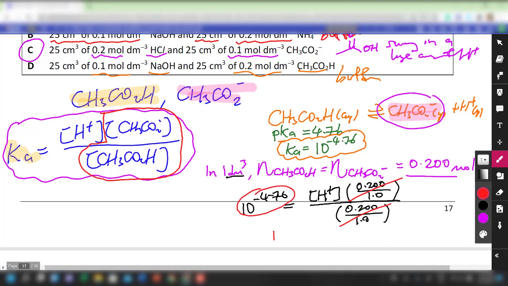Then I can easily determine the pH. I just punch my calculator and I should get 4.76. So you notice that when the amounts of the weak acid and the salt are the same, the pH equals the pKa. That is something you will encounter later when we are discussing titration curves.